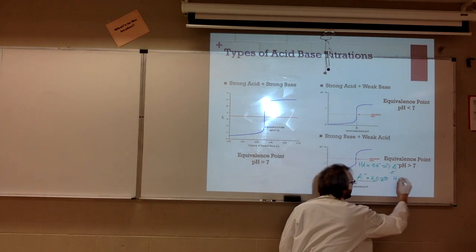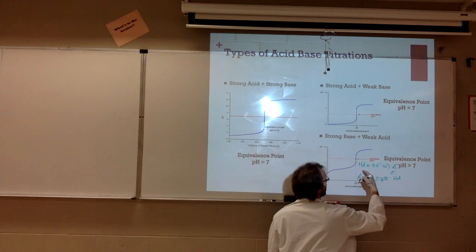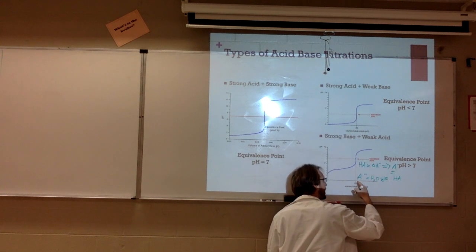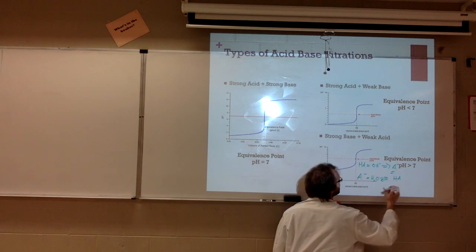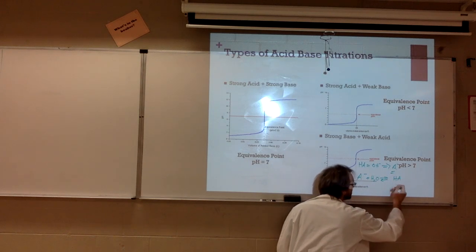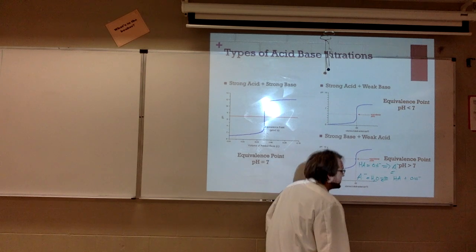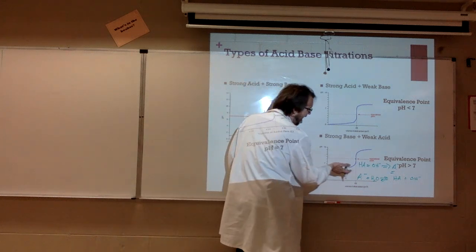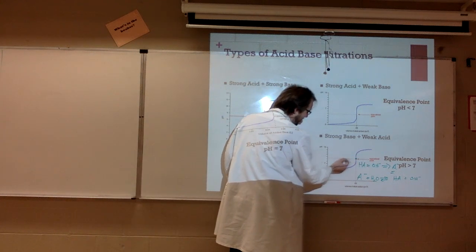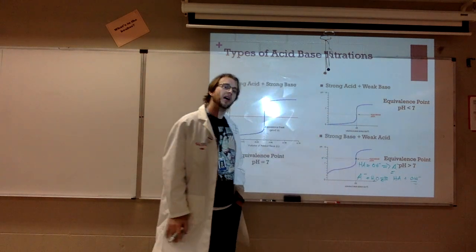We end up forming some of that weak acid again, because if this is a weak acid, it's got a strong conjugate base, it wants to react to make some of that weak acid again because it has strong bonds. And when this happens, we end up leaving some hydroxides left over. And that's why at this equivalence point, the pH is greater than 7, because we now have some extra hydroxyl groups floating around.